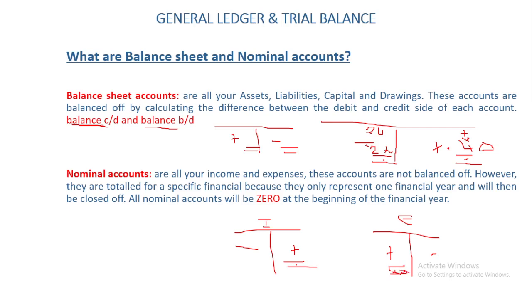So normally what happens with your nominal accounts and your expense accounts is that we always have information recorded only on the side that it increases by. It's very rare for them to have information on the other side that it decreases by. But with things such as sales, you can have a sales return, where you also record it on the debit side, to say that sales went down, there are goods that were returned of this value.